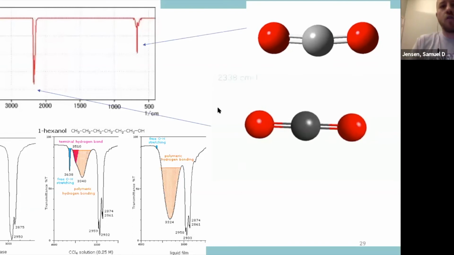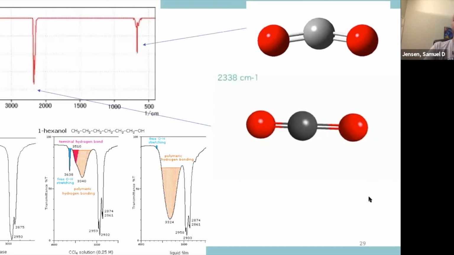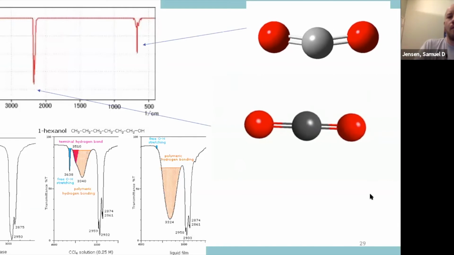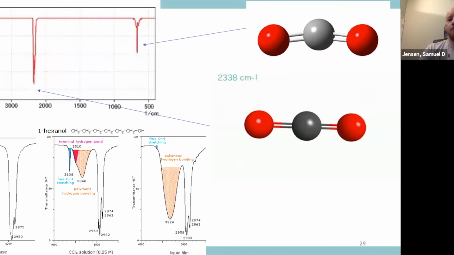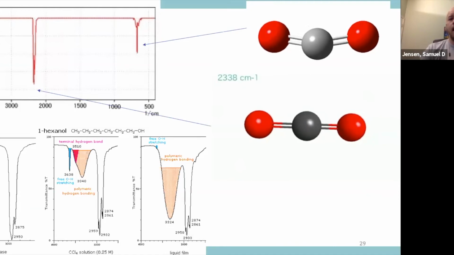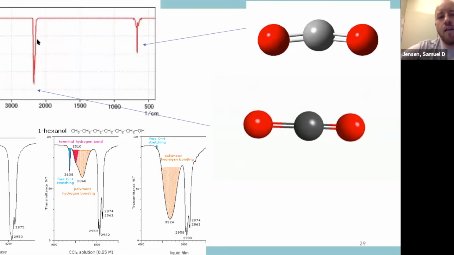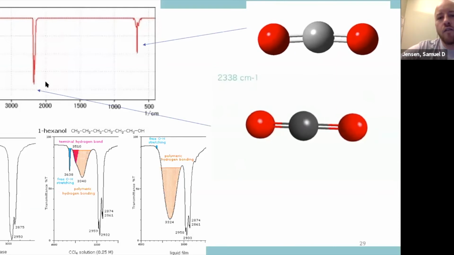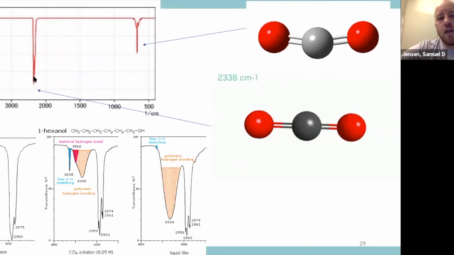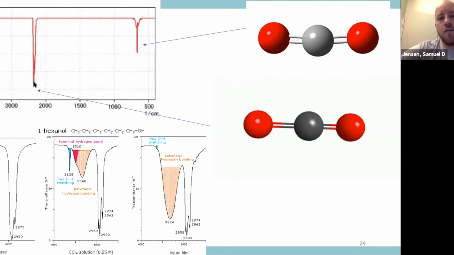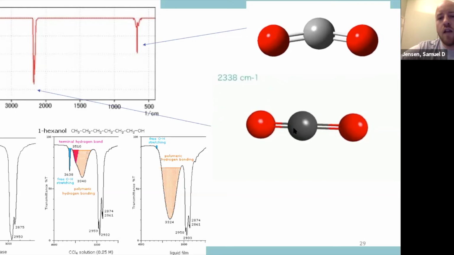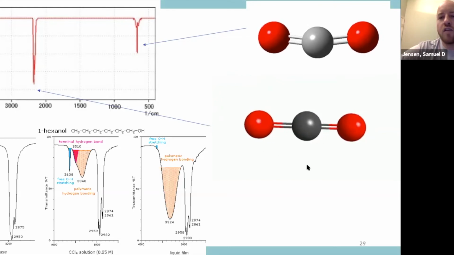We also use infrared for organic chemistry. Carbon molecules vibrate in the infrared. And so when we look at an infrared spectrum of this molecule, this spike right here at 2300 is telling us this kind of vibration is occurring.